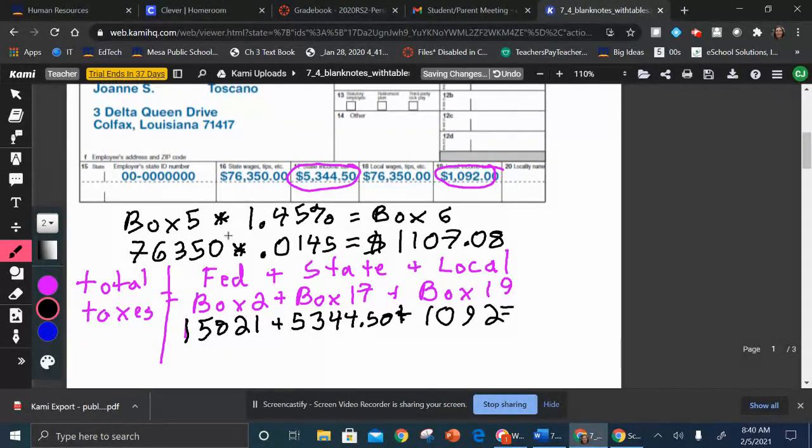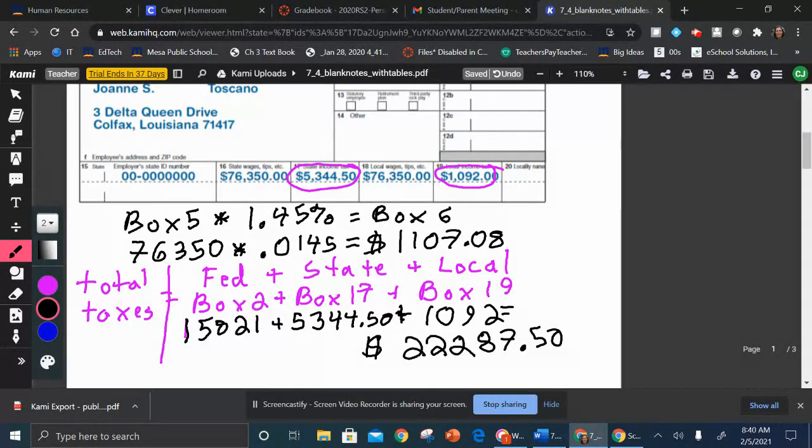So we add all those together, everybody, and I got $22,287.50. Okay, so everybody, that would be the total taxes.